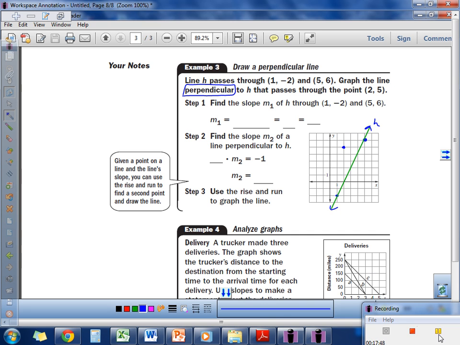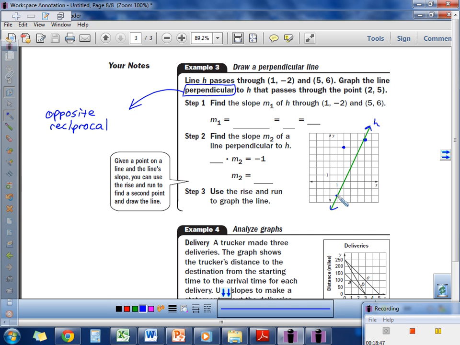All right, I heard a good comment. When you see the word perpendicular, what are the words or terms you should be thinking about? And I heard this response: opposite reciprocal. Well, let's first find the slope of line H over here.